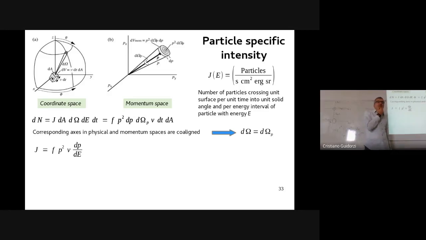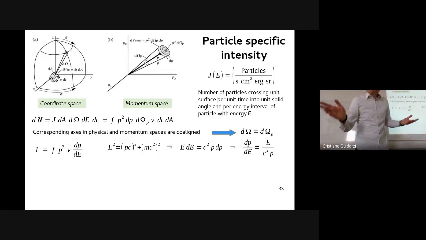Now, if you think carefully, all these three elements, p squared, v, and dp over dE, are somehow related, because they refer, just consider one particle for simplicity. p is not independent of v, and also how p changes as a function of energy is not independent. How to figure this out? Well, let's just start from the formula expressing the total energy as a function of the momentum.